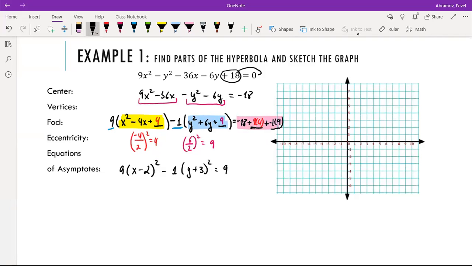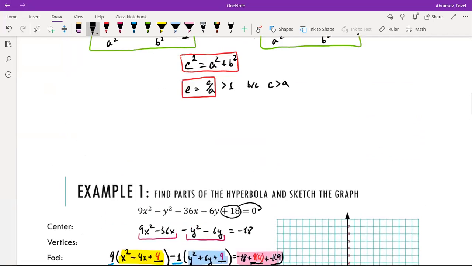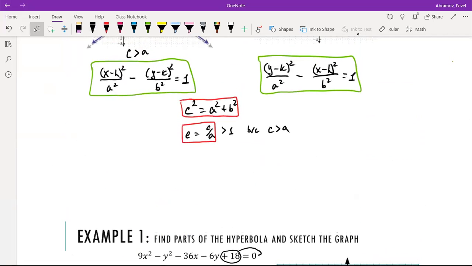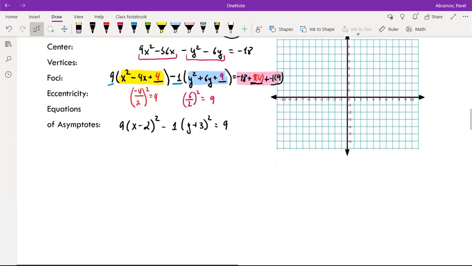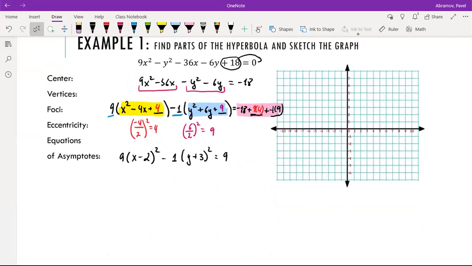Now to finish off, remember we should have 1 on the right side. If we look at the original equation, notice that no matter whether we have a vertical or horizontal hyperbola, it should equal 1 on the right. And to do that, we have to, of course, divide everything by this 9.